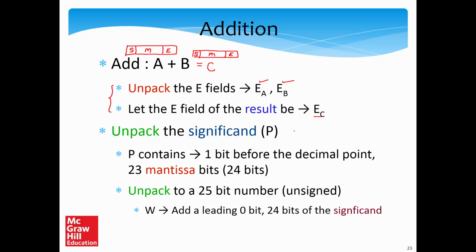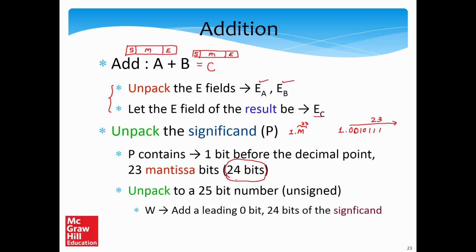Recall that for normal floating point numbers, it's a number of the form 1 point m, where m is the mantissa, and the mantissa itself contains 23 bits. So it's a number basically of the form 1 point 0 0 1 0 1 1 and so on, 23 bits. The 1 bit before the decimal point and the 23-bit mantissa make it 24 bits.